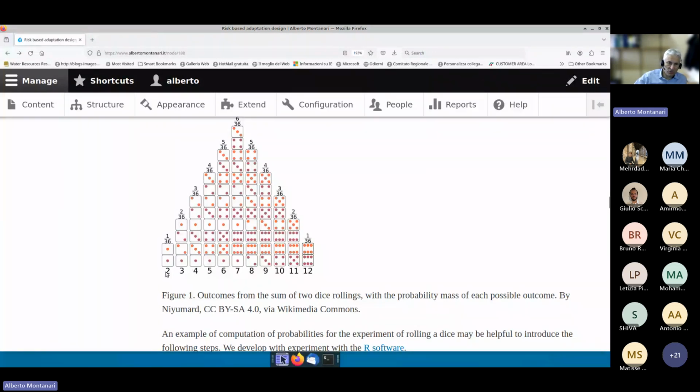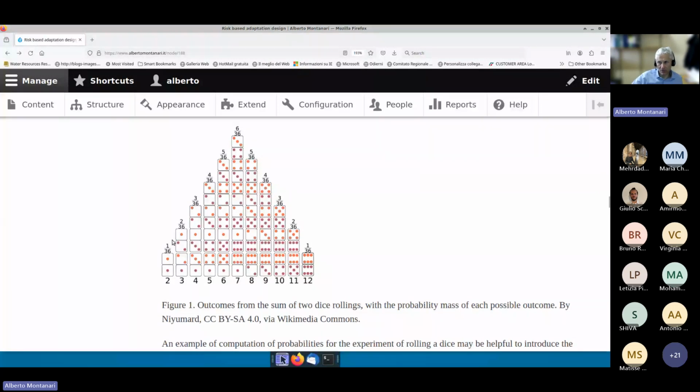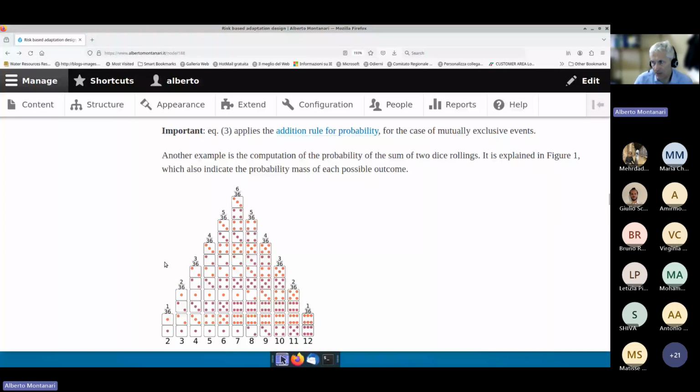You sum 1 over 36, 2 over 36, 3, 4, 5, 6, etc., and then you get 1. I leave to you the inspection of this figure because it is in a way trivial, okay?